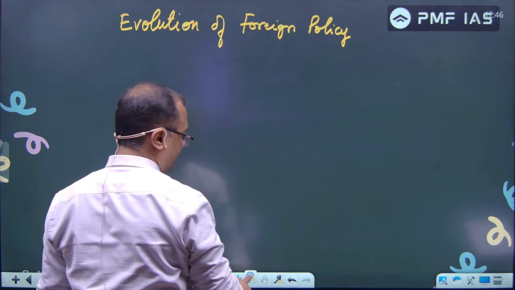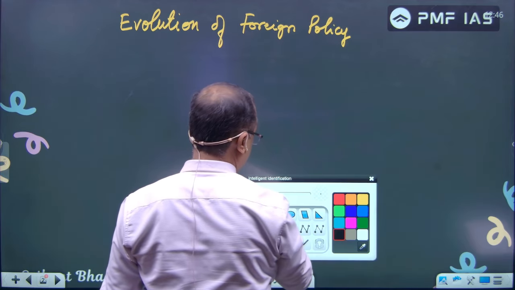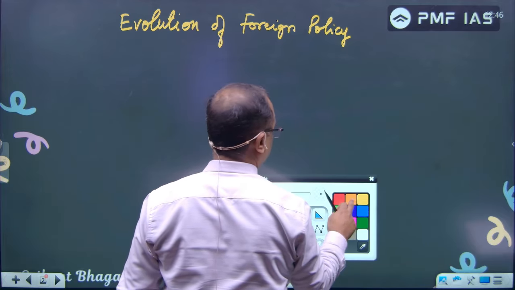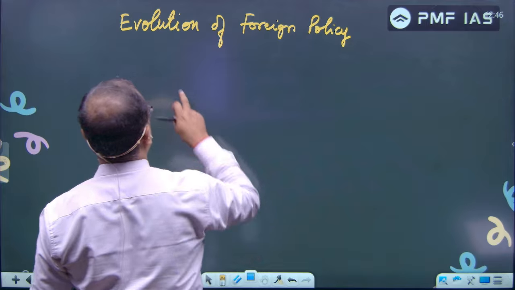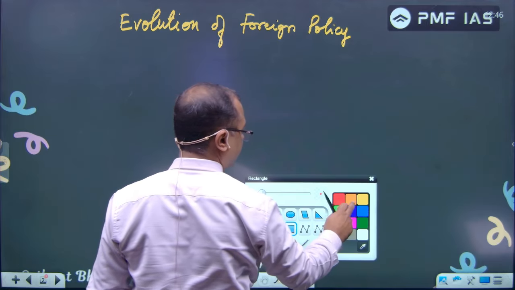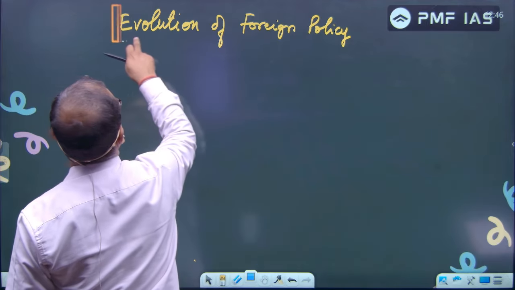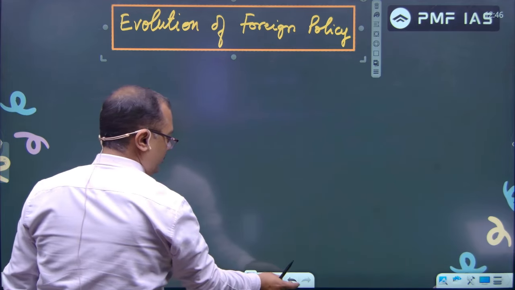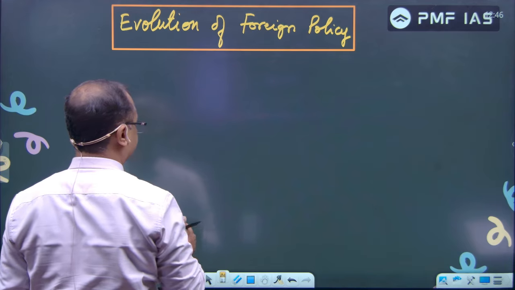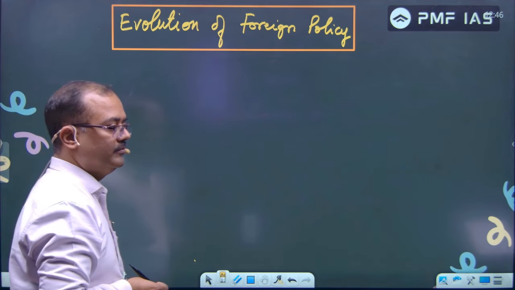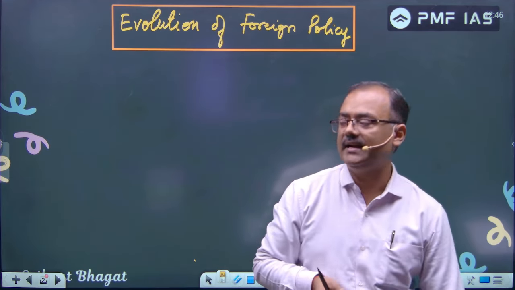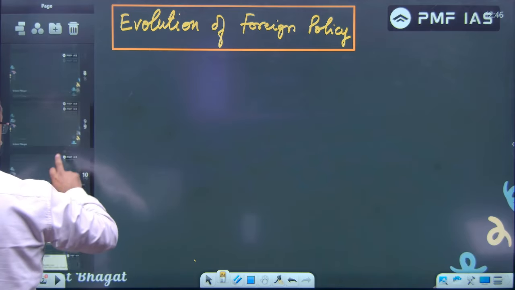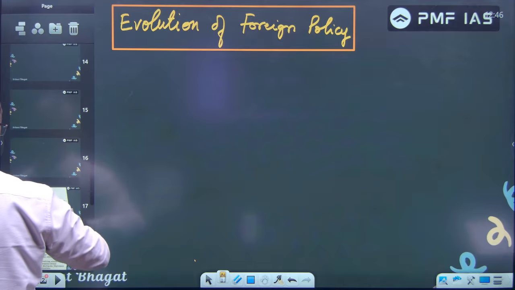Basically, we are talking about the evolution of foreign policy during the post-independence period. So first, I will be giving the headings of those policies. I had discussed this in our previous syllabus discussion.